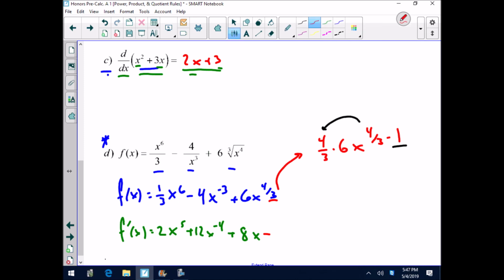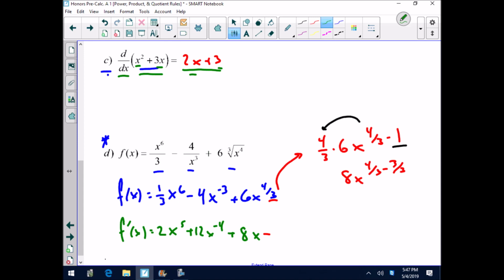Now right here we can say that subtraction of 1 we can write as 4/3 minus 3/3. So basically what we've done is converted 1 to 3/3 so that we can combine fractions with common denominators.